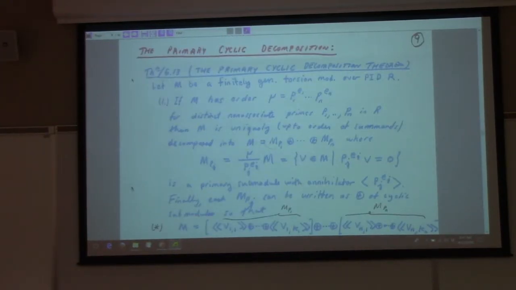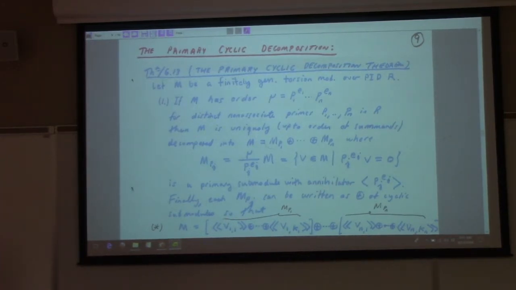Then, of course, generally speaking, a finitely generated torsion module won't just have one prime, it'll have many, n of them, let's say. And so these are for distinct non-associate primes. All right, so any one of these would be like the theorem we just stated.